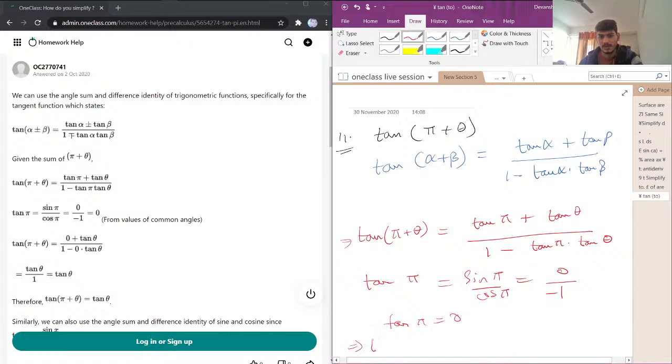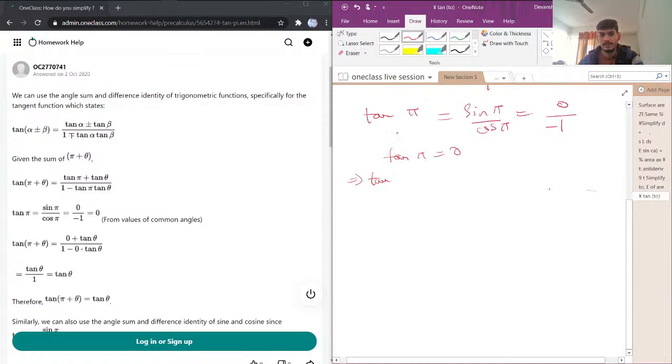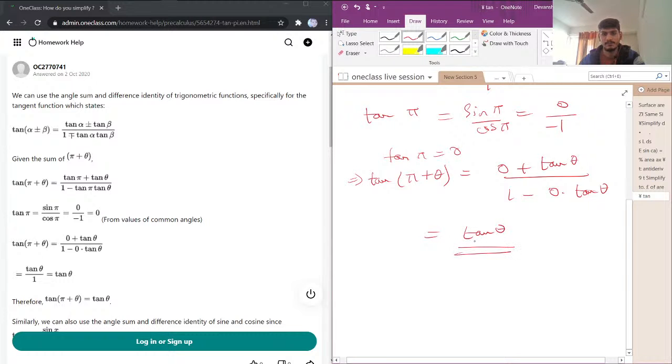So tangent of pi plus theta will be equal to 0 plus tangent of theta over 1 minus 0 times tangent of theta, which equals tangent of theta.